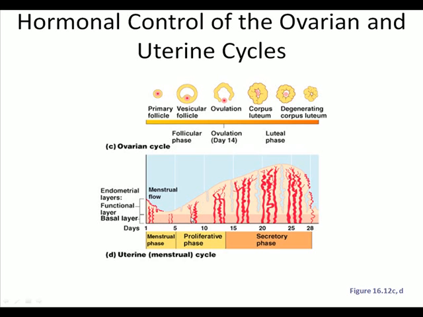So the layers proliferate. The proliferative phase is you get lots more layers, and then the secretory phase is they make lots of nutrients, get lots of blood vessels in there.